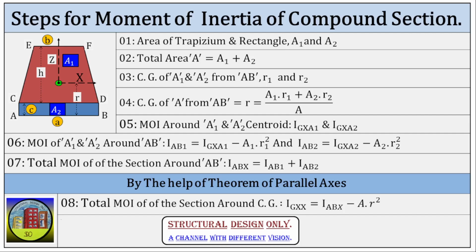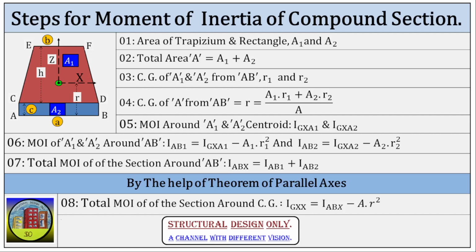Step 1. Denote the area of the trapezium as A1 and the area of the rectangle as A2. Step 2. Calculate the total area, A, by summing A1 and A2. Step 3. Determine the distance of the centroid of A1 from base AB, denoted as R1.